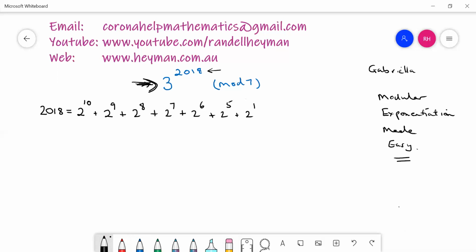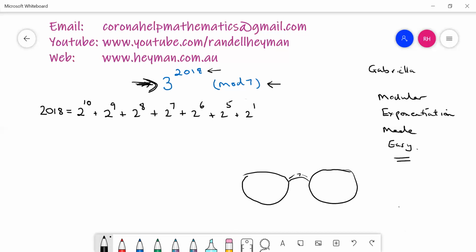It was explained to me this way by one of my lecturers at university. When you see this modulo 7, what you do is you go to your maths cupboard and you put on your mod 7 glasses. These mod 7 glasses have a little 7 here, which tells you it's the mod 7 one, not the mod 5 one or 4 one.